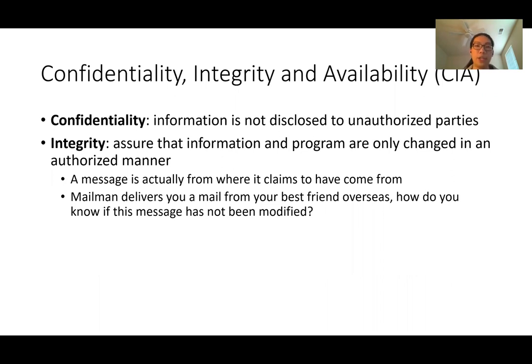And while on the ship, Hamlet takes a seal, melts it, opens it up, reads the message, changes the message to execute his friends, which is Rosencrantz and Guildenstern, upon landing instead, puts the letter back in, seals it up. Well, how do you know that the message actually came from the king and not from Hamlet? Well, that's one of the issues with integrity of messages.